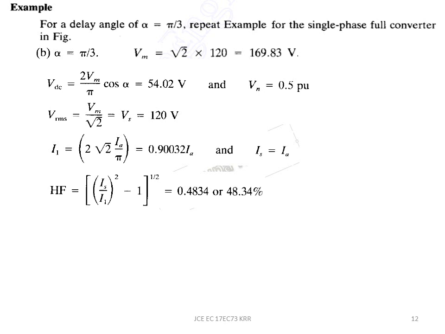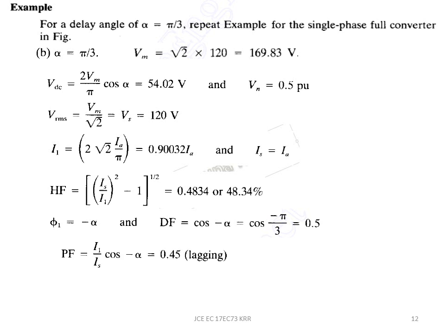And harmonic factor has already been calculated, it comes to 48.34%. And phi 1 is minus alpha, and distortion factor is cos of minus alpha. Put alpha as pi by 3, you should get 0.5. So distortion factor is 0.5. Ideally distortion factor should be 1, harmonic factor should be 0, and power factor should be 1.